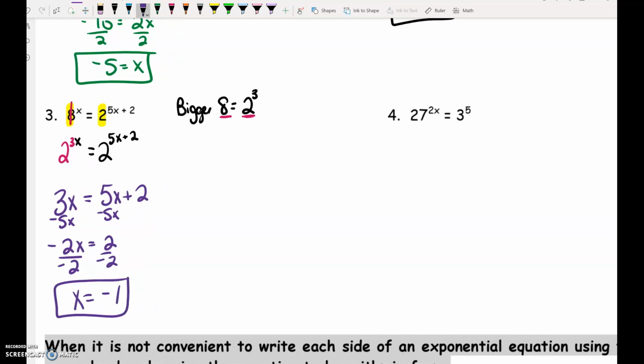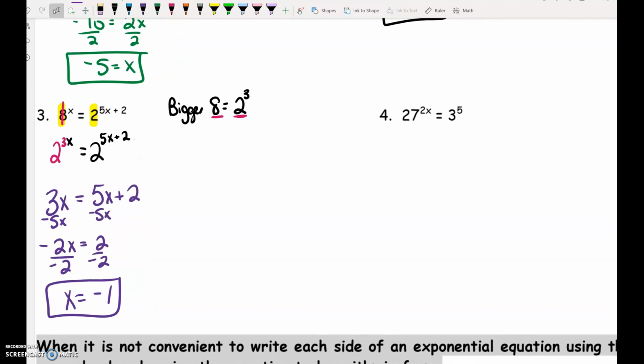Okay. Let's try another problem like that. 27 to the 2x equals 3 to the 5. 27 and 3 are not the same. So you want to take the 27 and think about, could I rewrite 27 using a 3? 3 squared is 9. 3 to the third is 27.